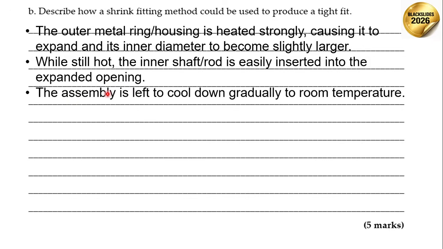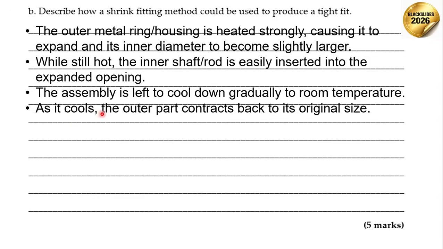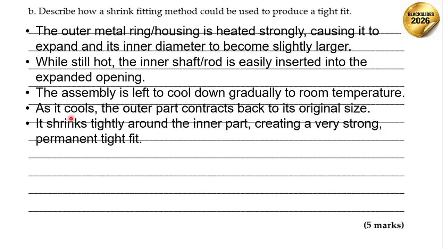The assembly is left to cool down gradually to room temperature. As it cools, the outer part contracts back to its original size. Once it fully cools, it shrinks tightly around the inner part, creating a very strong permanent tight fit.